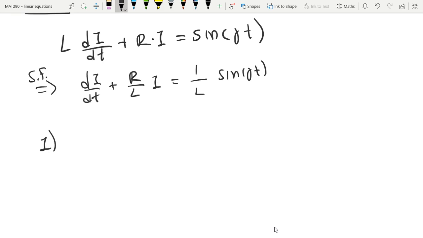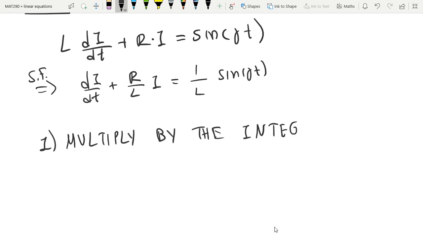So first we multiply by the integrating factor, mu of x.